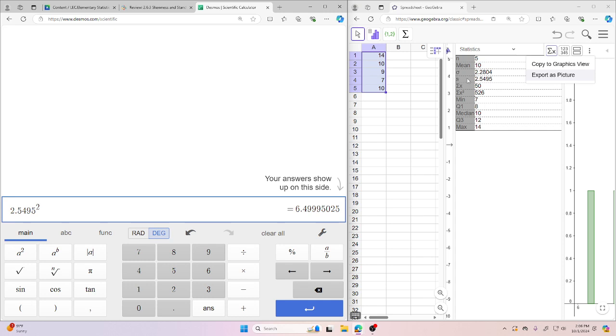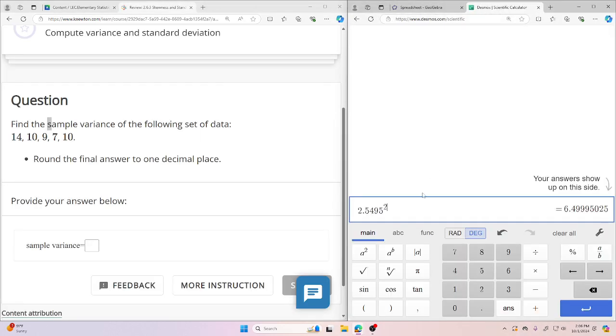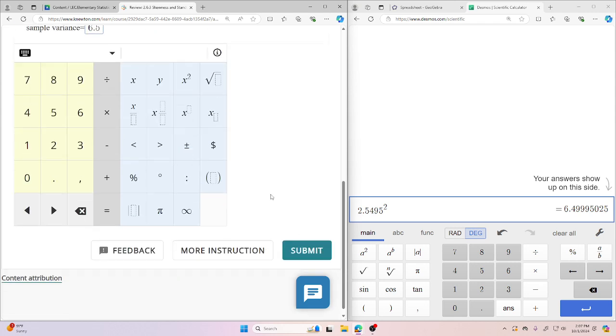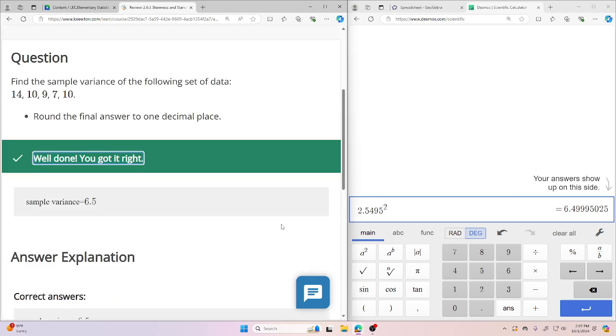Okay, so I took that number and I squared it. And you can use GeoGebra again. It's up to you. So that's something that you can write down on your note card. Oh, it says 1 decimal place, 6.5. There we go. So that's something you can write down on your note card.